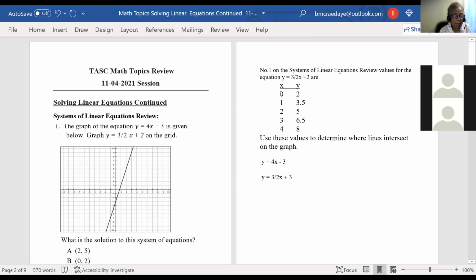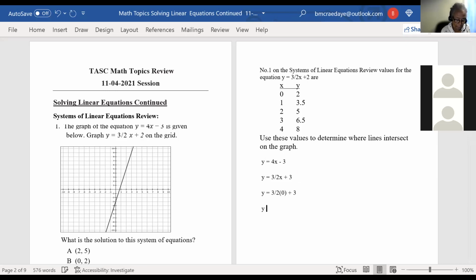In other words, I put 0 in, like here. Let me just show you what I did. For x, the first x value was 0, so I put 0. And 3/2 times 0 is 0, right?